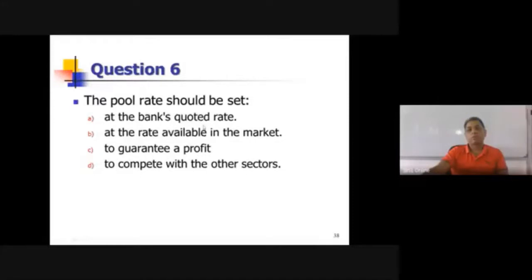So when you say quoted rate, we are referring to the rate at which the bank borrows and lends with the client. These are the rates the clients see. Okay. So what rate should the pool rate, the transfer pricing rate, be set at, ideally? There are other small factors, but ideally, what should be the main gauge of the market of the pool rate?